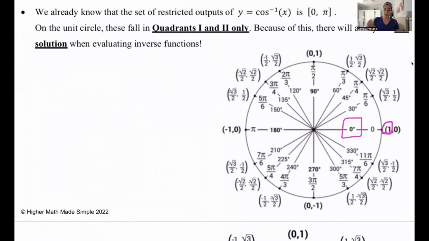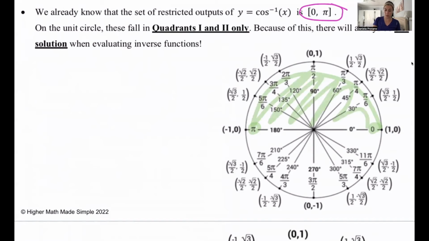Now, because the range, or the outputs, is from 0 to pi, here's 0 and here's pi, technically, just to be on the same page here. So we're in radians from 0 to pi, and we can clearly see that we're going to work with solutions in quadrants 1 and 2 only, okay?